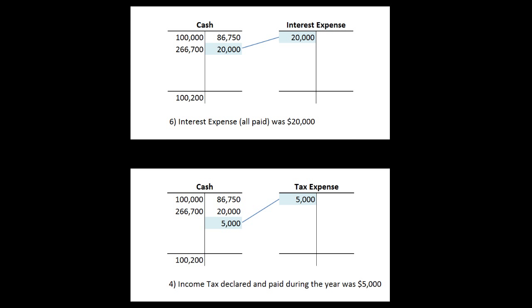Now, what other accounts in the balance sheet could be related to income tax? There are 3 of them. We only did it last week. There are 3 tax-related assets or liabilities.